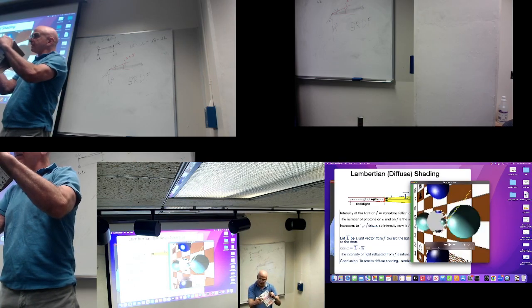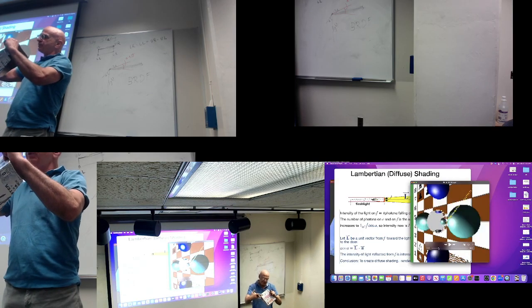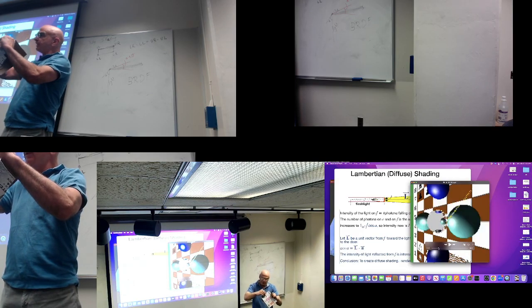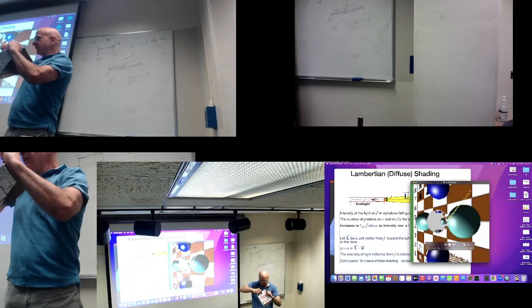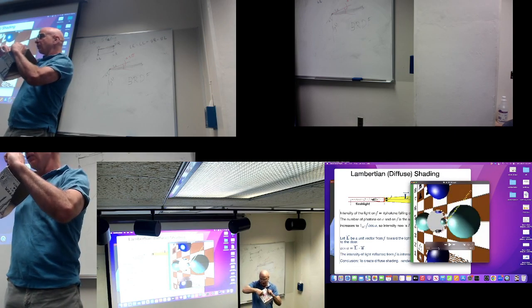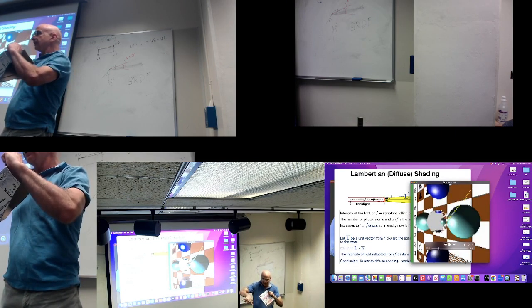Even though the triangle is flat, Phong approximation would want me to pretend that the normals change as I move along this triangle. Even for different points, I need to do this dot product, and it's all done in hardware.